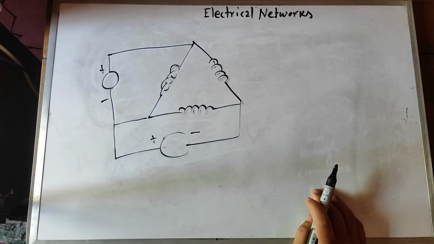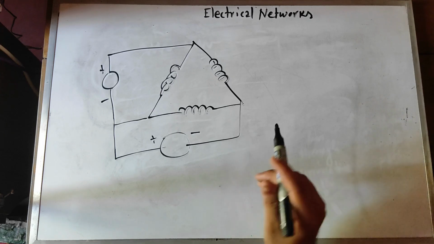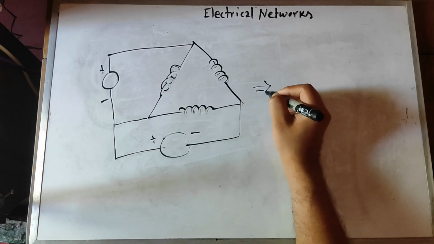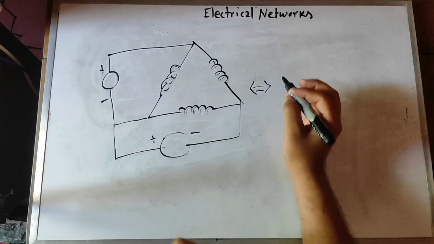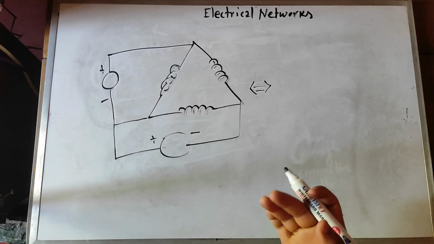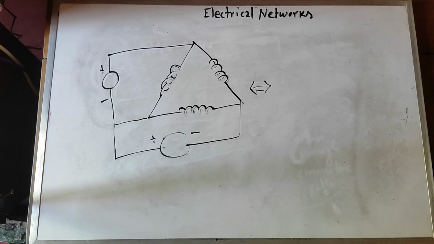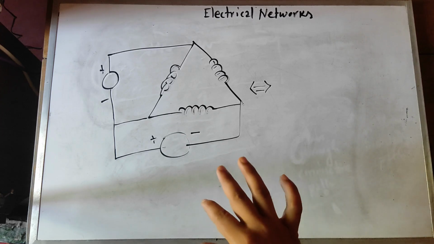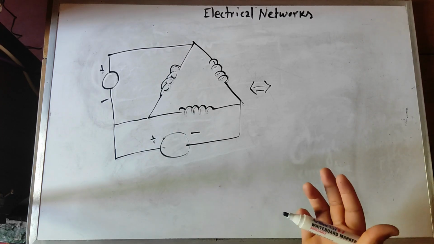What will be the electromagnetic dual circuit of this? It's very simple. The element dual of an inductor is a capacitor, and the connection will be the dual. So the dual of delta connection is Y connection.